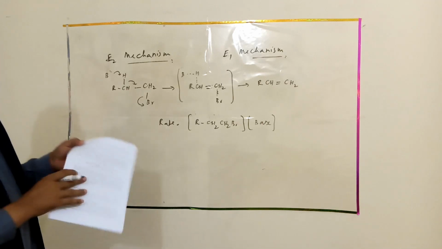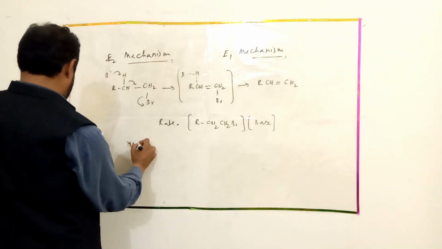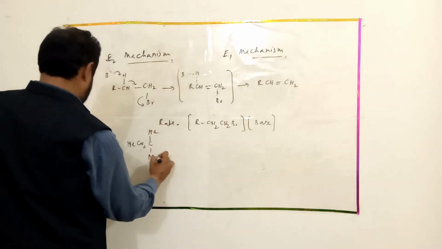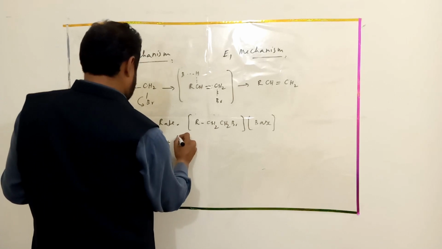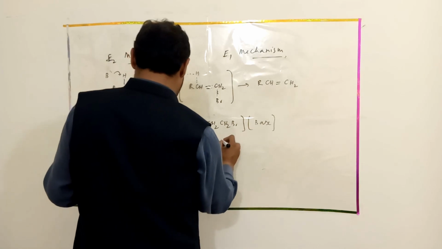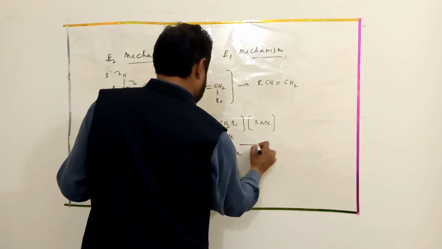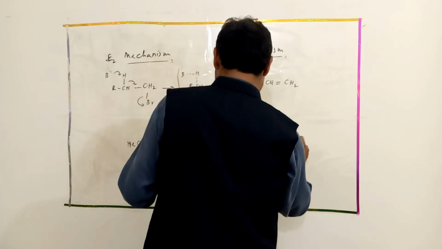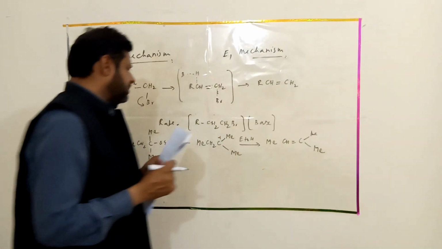However, in case of the E1 mechanism, what happens? So what happens in this case?